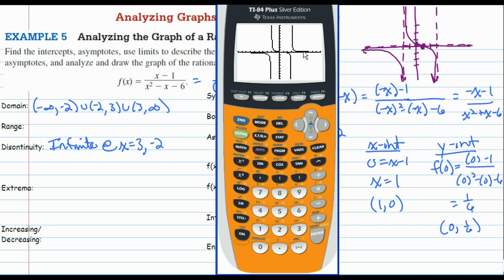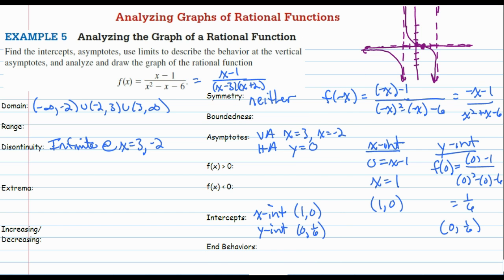Then the last piece is decreasing and above the x-axis, so we're going to come down from infinity at the vertical asymptote x equals 3, and then approach the horizontal asymptote at y equals 0.